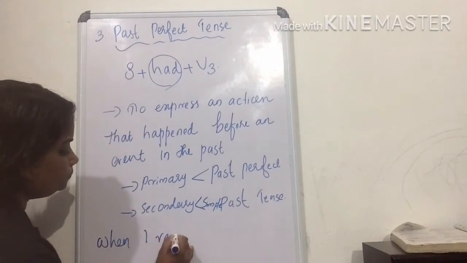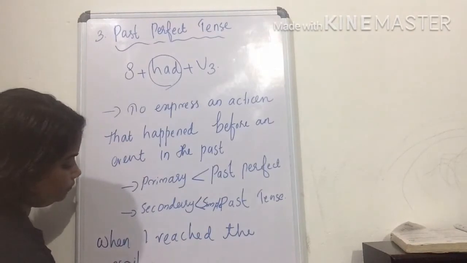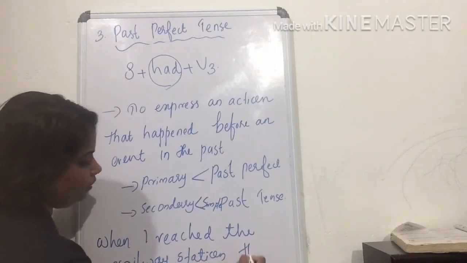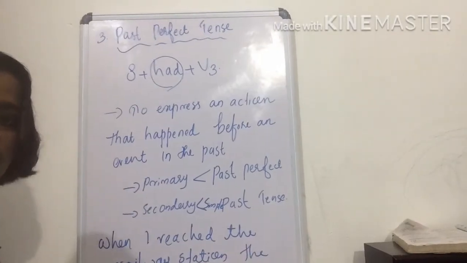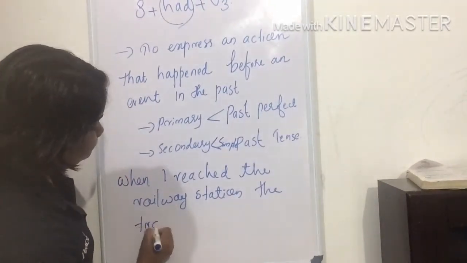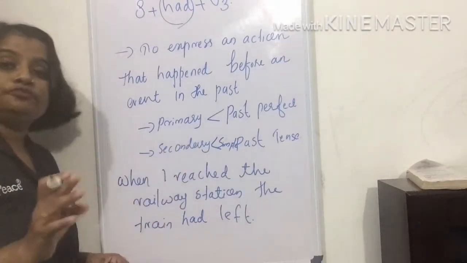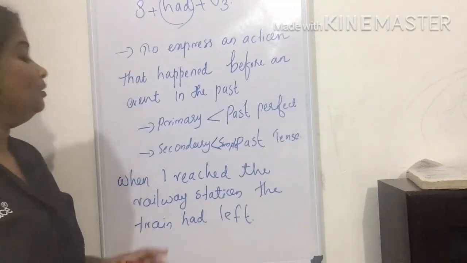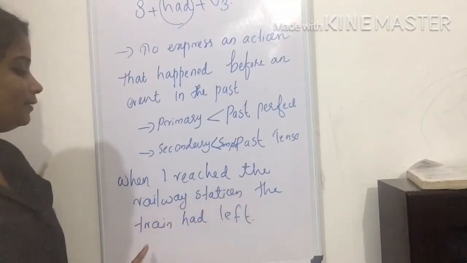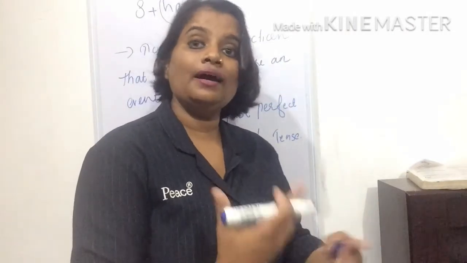When I reached the railway station, the train had left. Okay, the first action and the second action. Look at the statement: when I reached the railway station, the train had left. When I reached the class, the children had left.